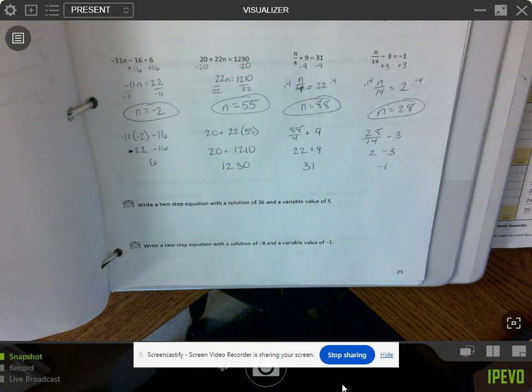Who thinks they found one? A two-step equation that equals -8. Ruby, come on up. Yeah, you bring it up.